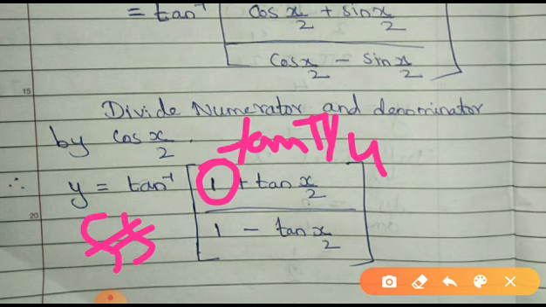What is tan pi by 4? Is it 1? Yes. So instead of 1, I can write it as tan pi by 4 plus tan x by 2, over 1 into tan x by 2? Yes. So again, here I have to write it as tan pi by 4.